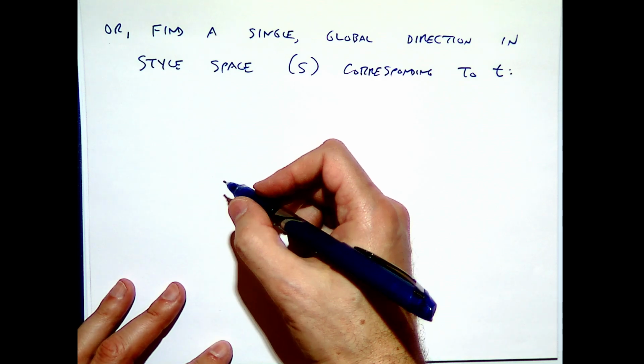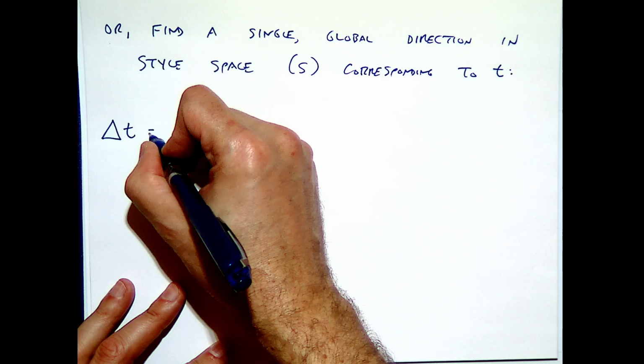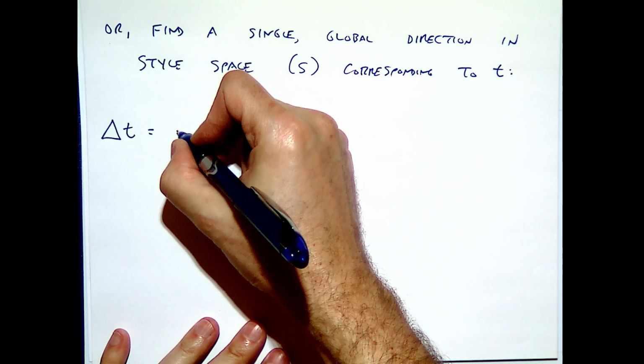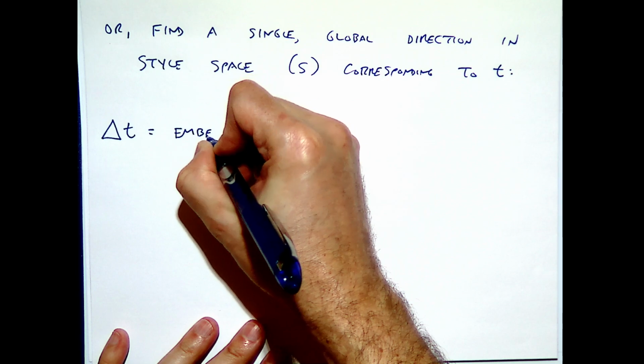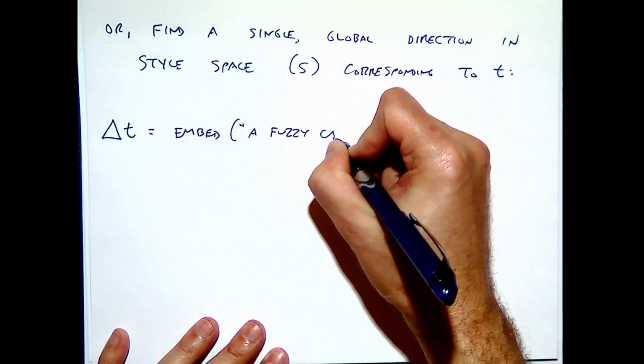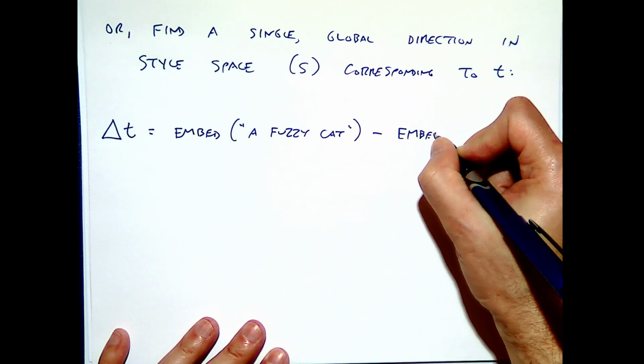And so the idea would be to say, I have a delta t, which is the difference in CLIP text embeddings of the direction I want and the default, right? So it's like saying I embed the difference between a fuzzy cat and just a regular cat.